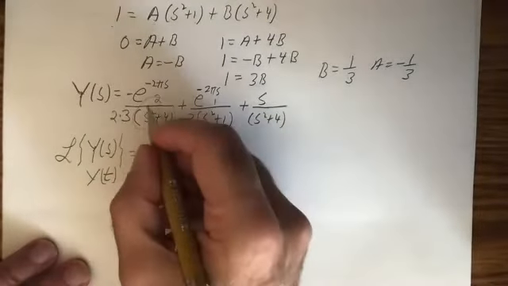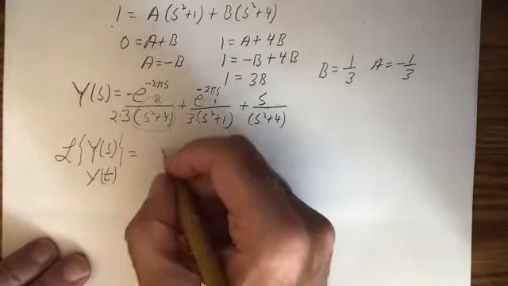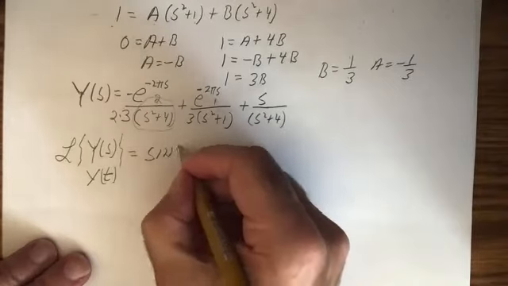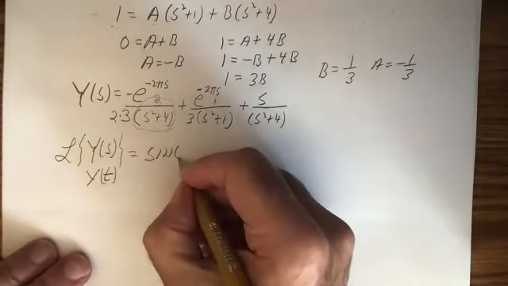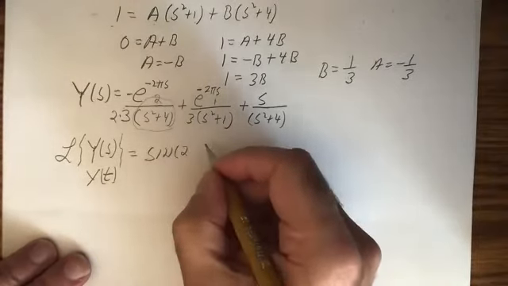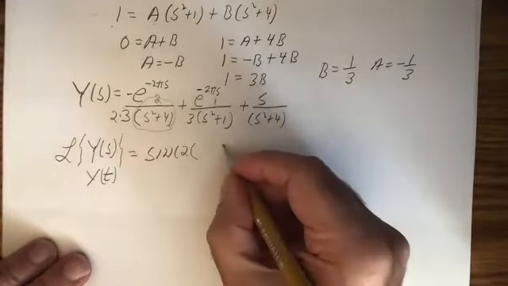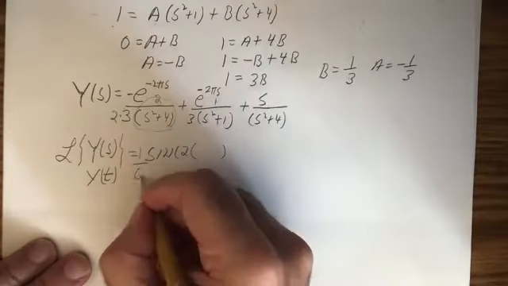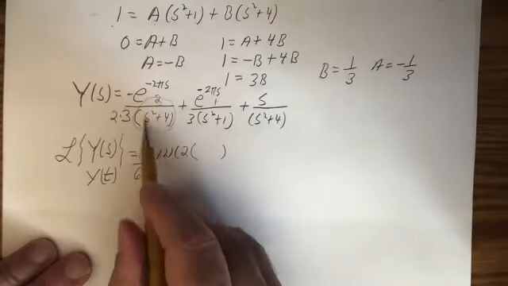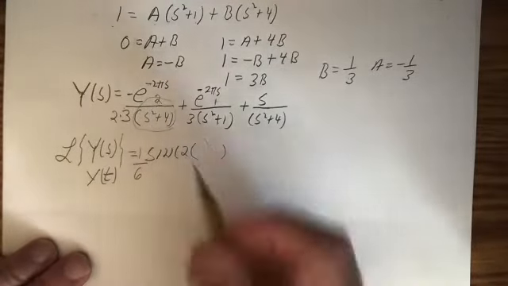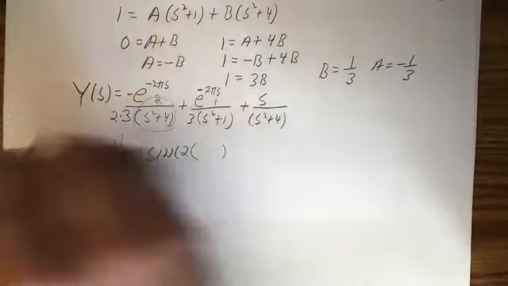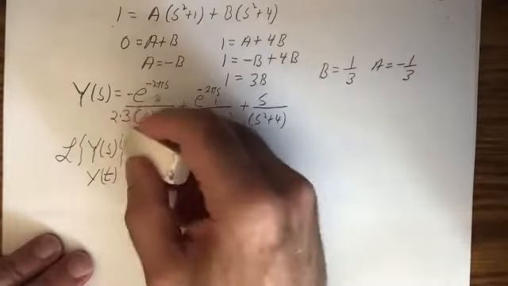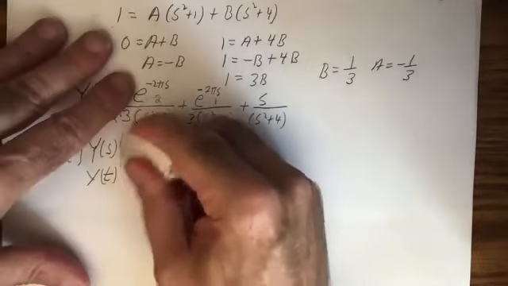So this here now, well, let me do it this way. I'll give myself some room. I'll write this as the sine of 2t, divided by 6, right? Because this is the sine here. And now I got a t here, but I have to shift my t. Oh, and there's a minus sign here.